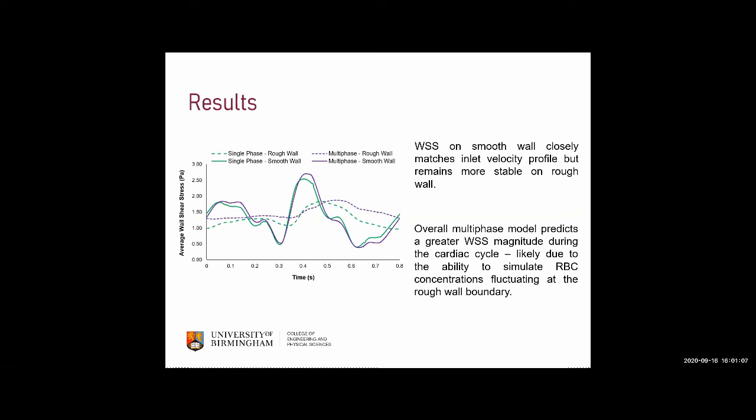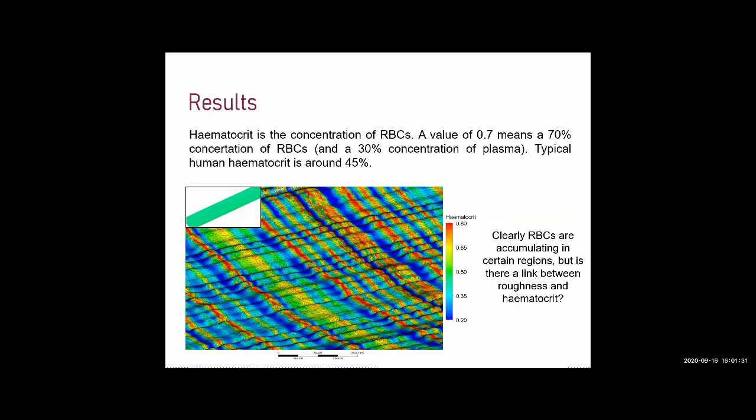But on the rough wall, there is a bigger difference, especially towards the end of the cycle, where the importance of considering blood to be a mixture of cells and plasma and things like that is having a bigger impact. And this is likely due to the rough wall having quite a big variation in the concentration of red blood cells, which is what you can see in this image here.